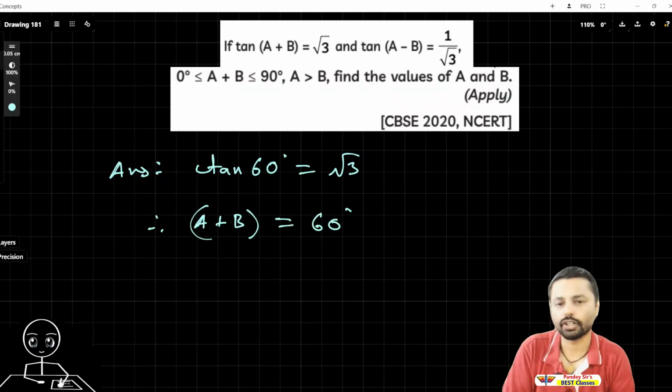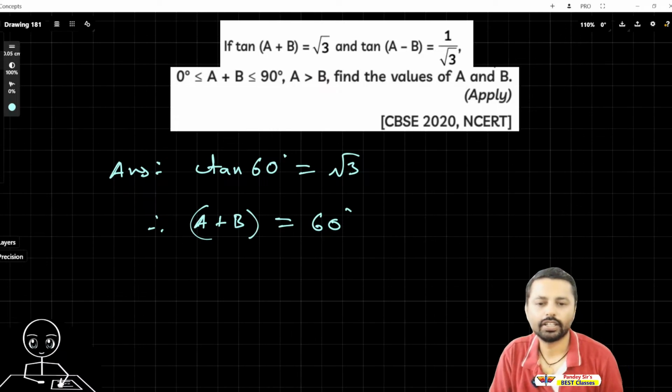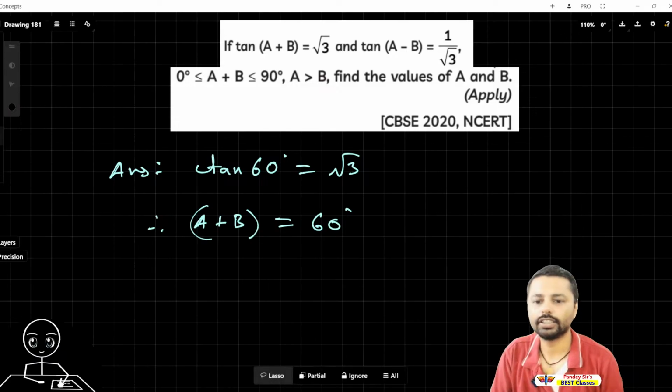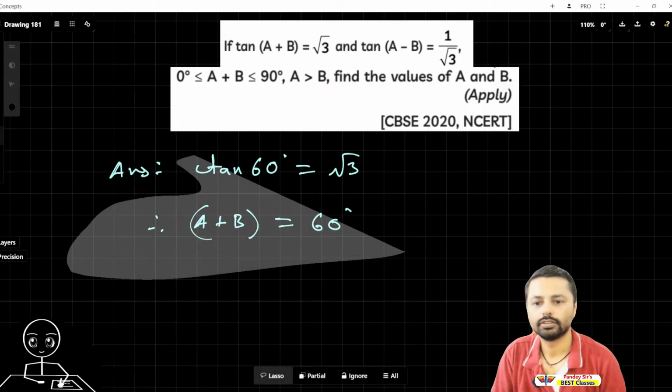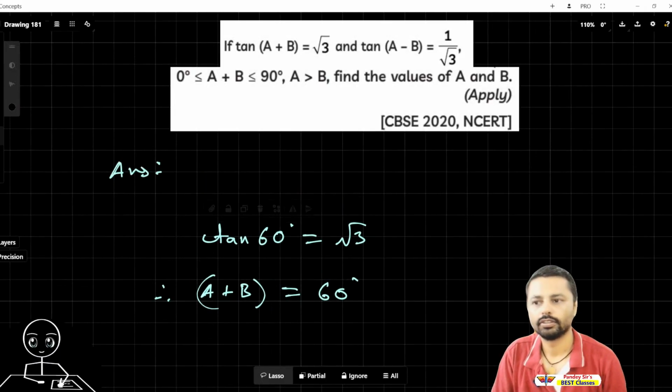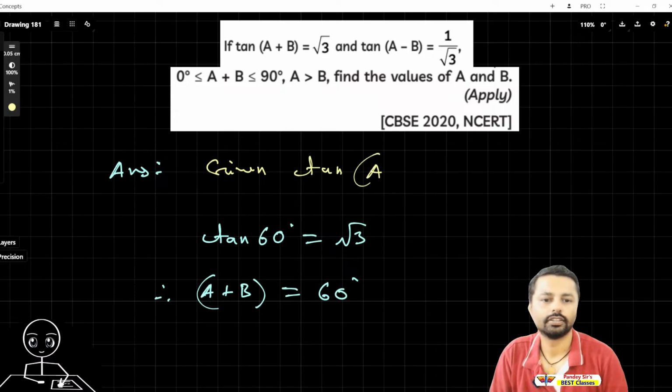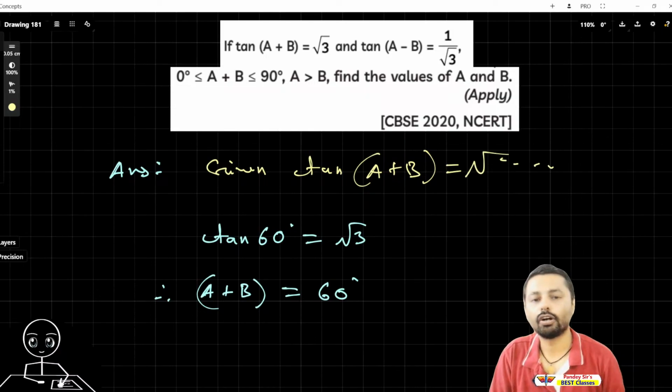I'm doing a little shortcut, okay, but in the actual answer you must write it down, that given tan(A plus B) equal to root 3, and all that, and then you can go on with the solution.